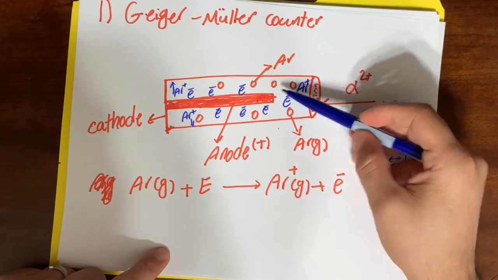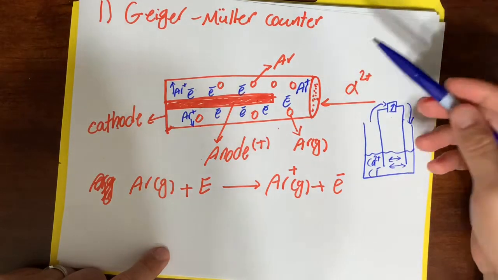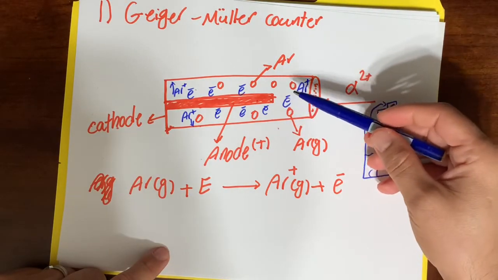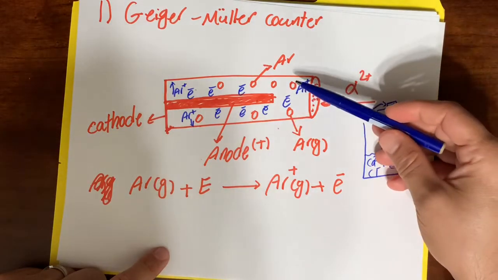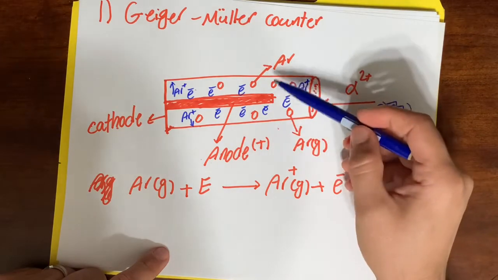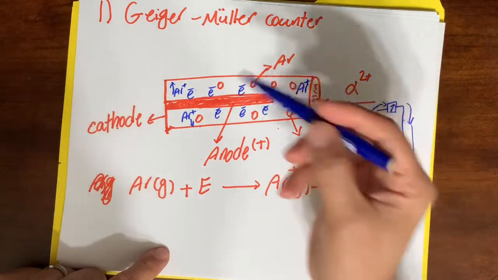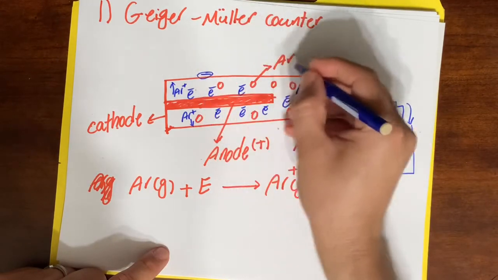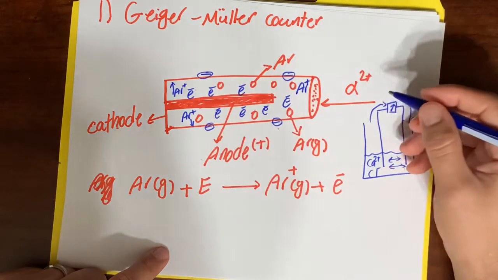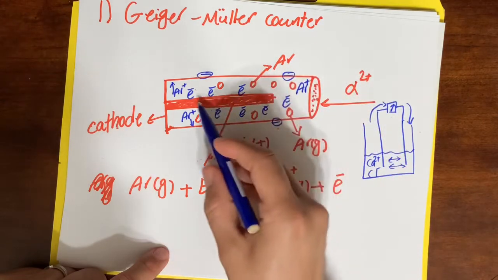And the way we generate it, we let the alpha particle or any particle with high energy get in. When they get in, they will ionize argon. So argon will transfer to argon plus and an electron. Argon plus moves to the side. The side has negative charge, so here on the shell we put negative charge, and the electrons move to this pin.